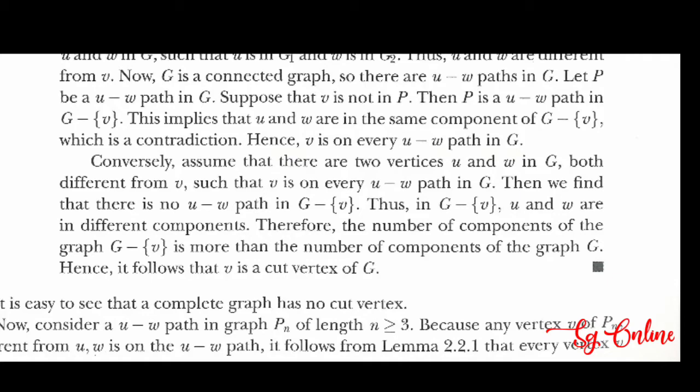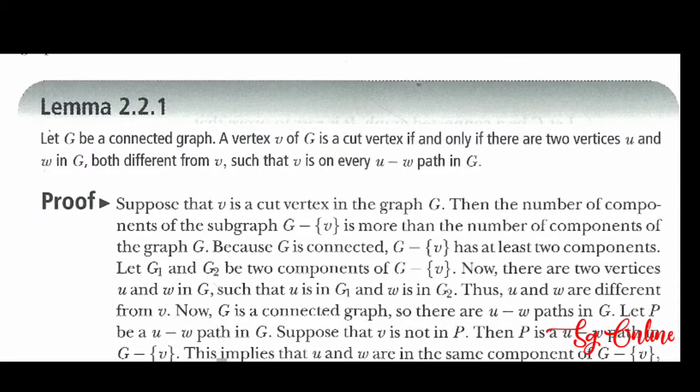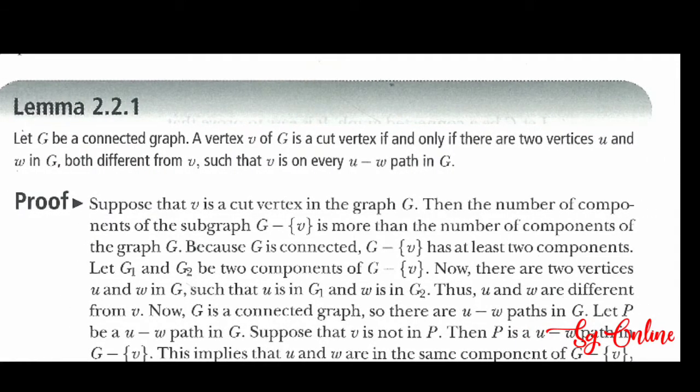Our assumption is that there is a vertex V for which there are two other vertices U and W in G, such that V is on every UW path.